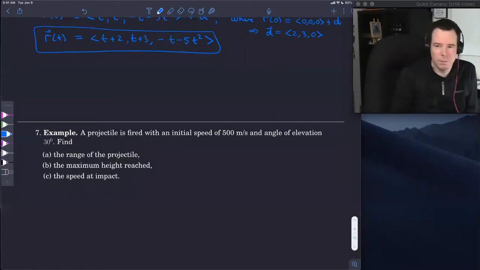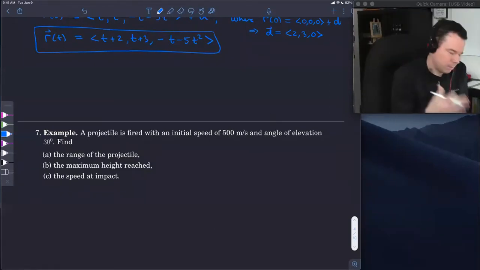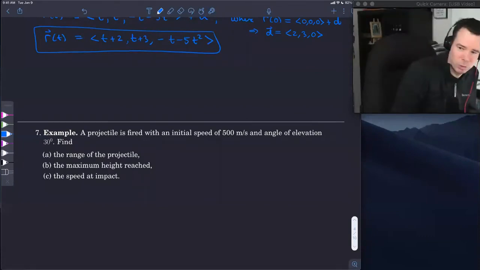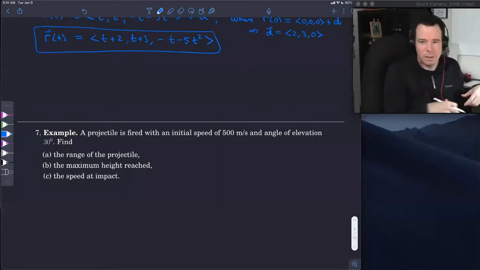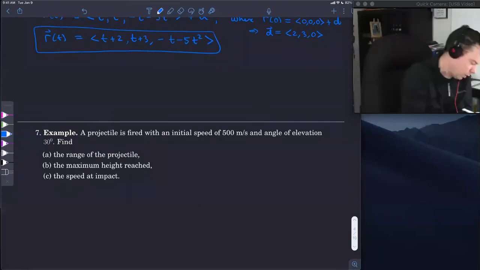We can work with the vectors as a whole. Our calculations will be done in each of the components of the vectors, but we don't have to split up our calculations and say, here's the x calculation, here's the y calculation. We can do it all as a whole. And so again, nothing new here other than just using our tools that we're developing in this course to solve problems in other areas. So a projectile is fired with that initial speed.